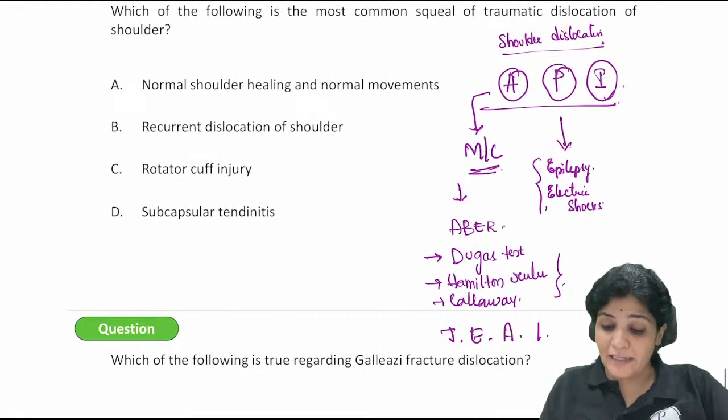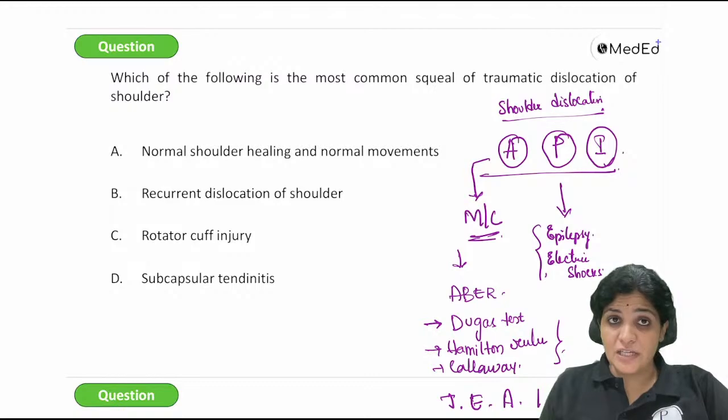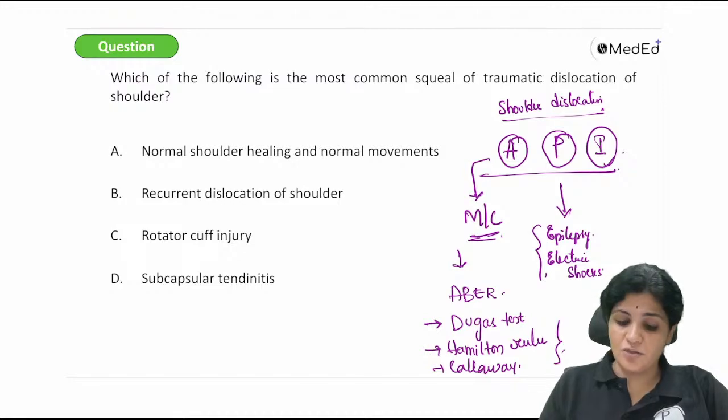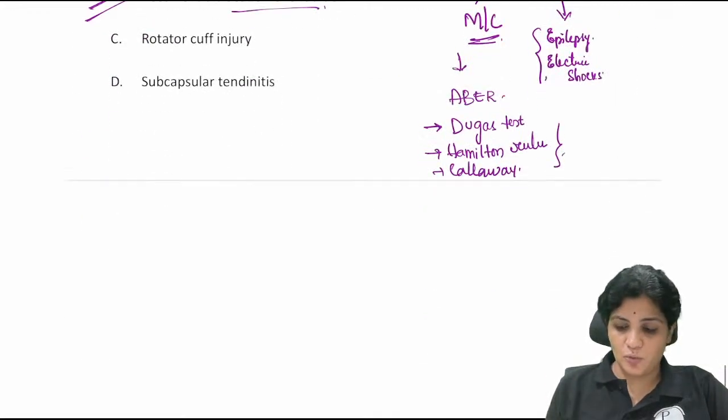But what is the traumatic sequelae? The sequelae is usually recurrent dislocation of the shoulder. So once you reduce the shoulder, that is not sufficient. There will always be recurrent dislocation of the shoulder. So that is the sequelae.